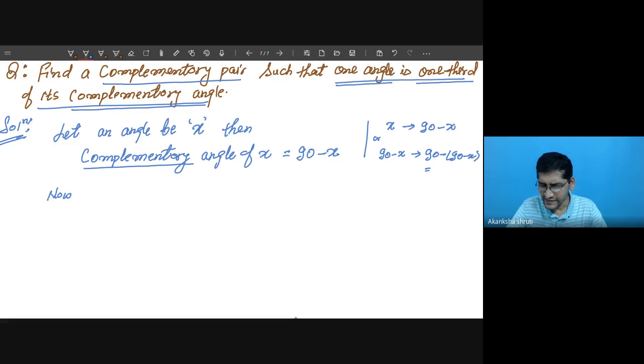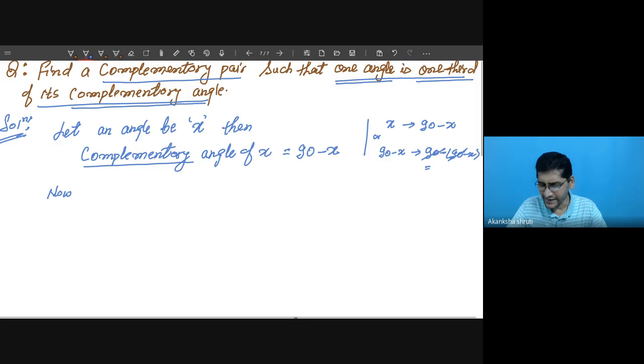This 90 will get cancelled, and changing the sign of x, because the negative is outside the bracket, it will turn into x. Means for this x, 90 minus x is the complementary angle, and for this 90 minus x, the x itself is the complementary angle.